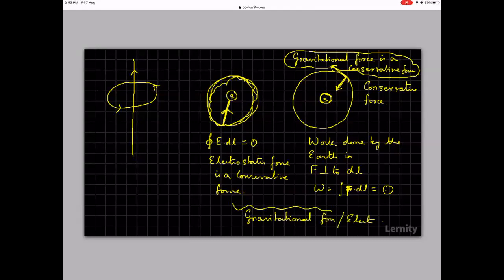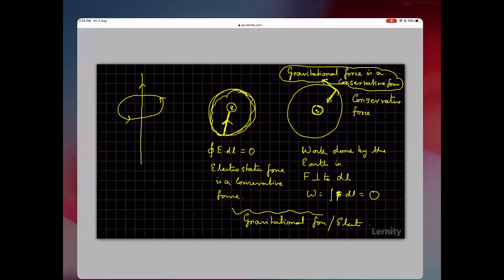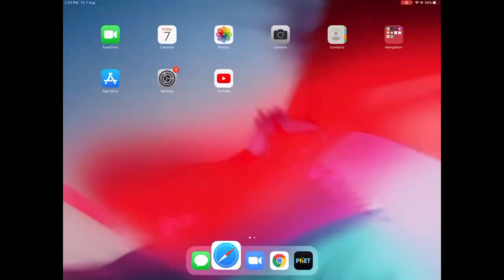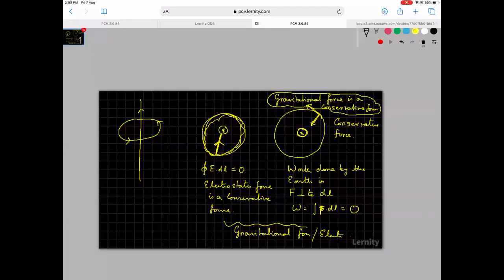Do you understand the statement? Can you make some notes about this?